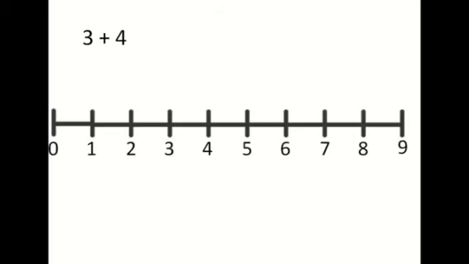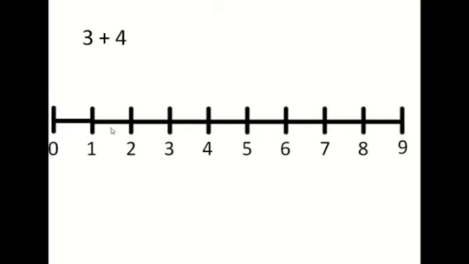Now, we will do the same addition, but the order has been changed here. So, it is now 3 plus 4. We will do the same addition on the number line. We will count 3 steps from 0, and then count 4 steps from 3 and find out what the sum is.